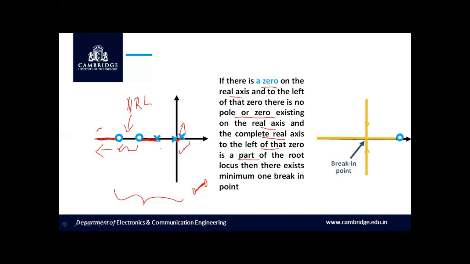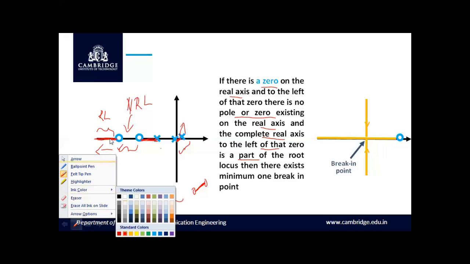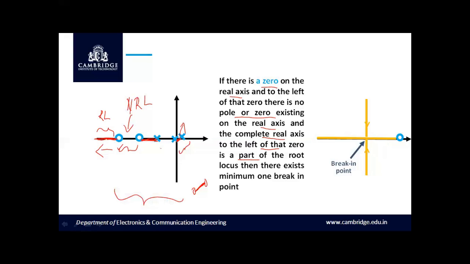Is it a part of the root locus? Yes, of course, it's a part of the root locus. Then there exists minimum one break-in point. Let me highlight with a different color. That is exactly in this region, there exists minimum one break-in point.